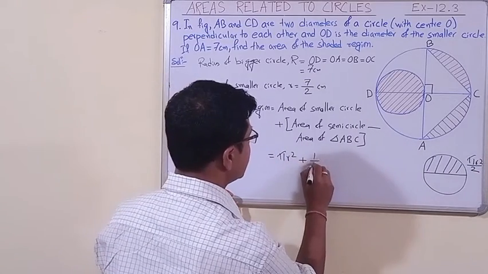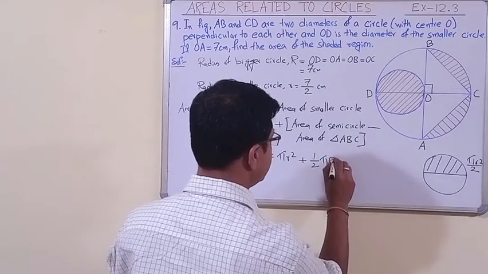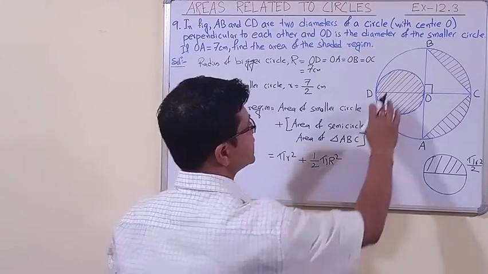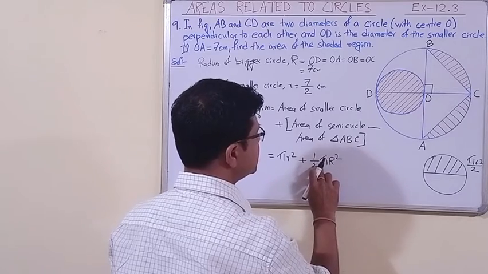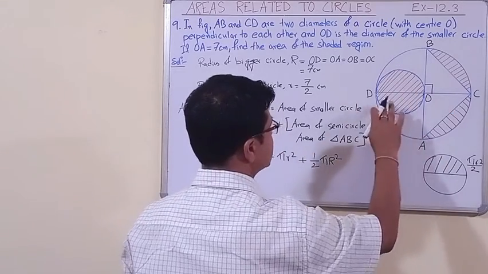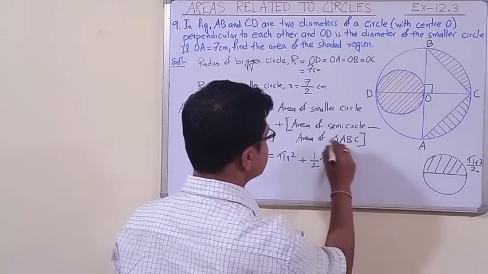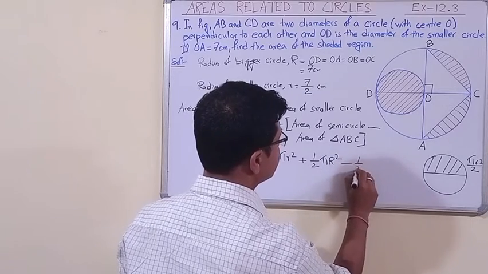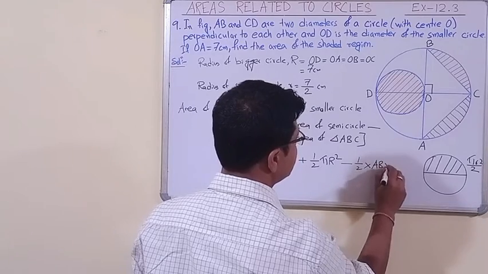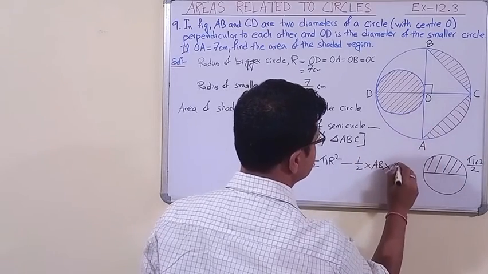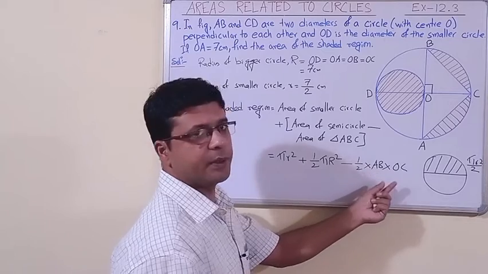So here we shall write half pi r square. This r is the radius of the bigger circle. We have taken the area of the semicircle for this bigger circle. Then minus the area of the triangle ABC, half into base, base is AB, into height OC. Here we have applied the formula half into base into height.